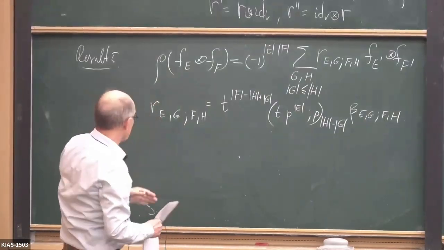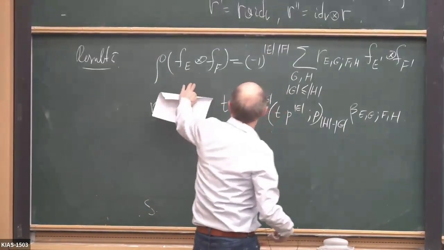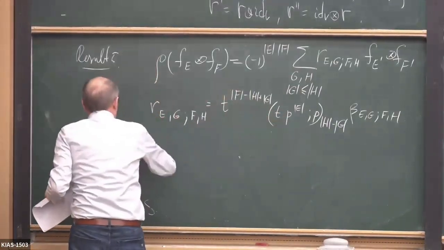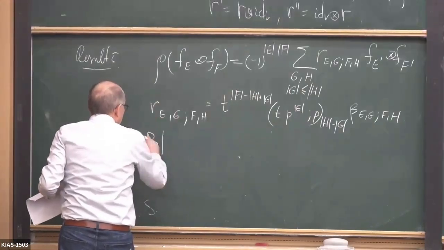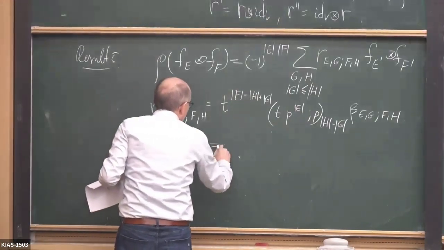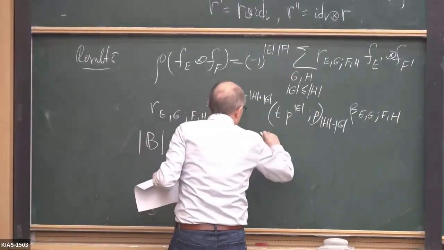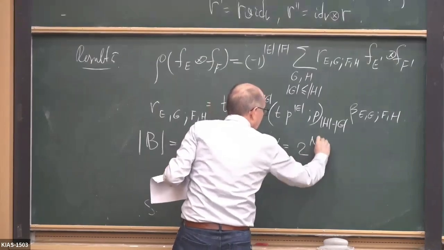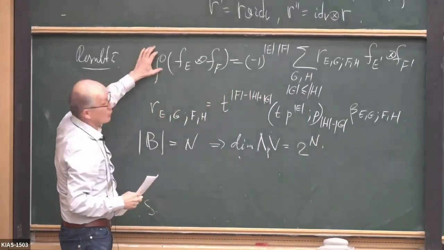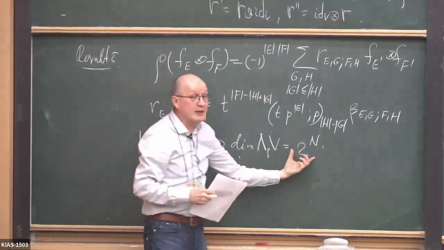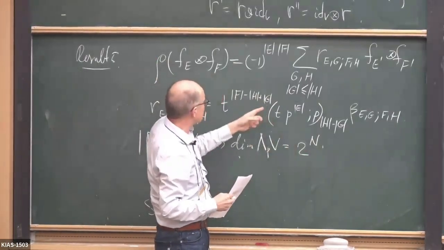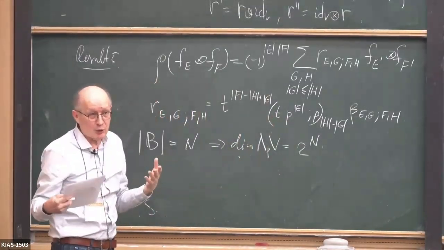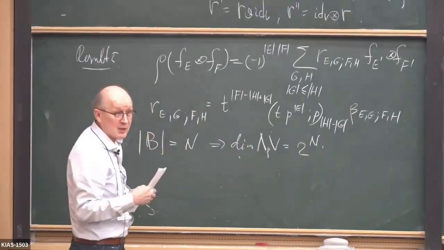And then just to conclude, this is a finite dimensional R matrix, because if the size of the basis is n, then the dimension of the exterior algebra is 2 to the power n. So this rho R matrix acts in a finite dimensional vector space. It depends on P and T, so there are two variables, and the knot polynomials will be two-variable polynomials.